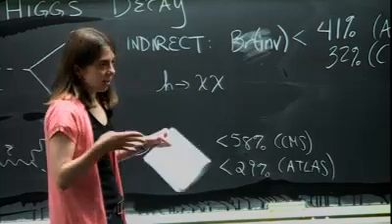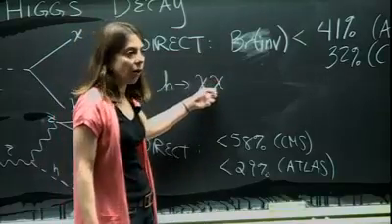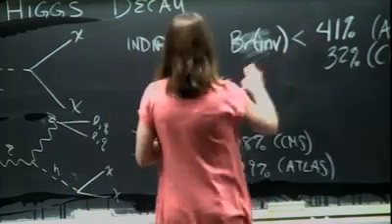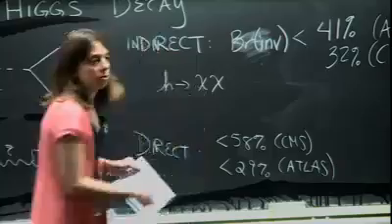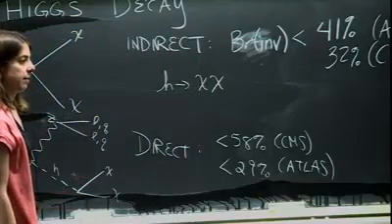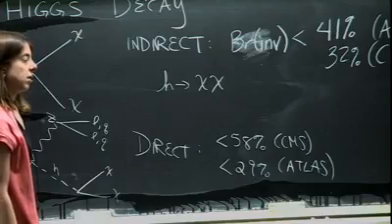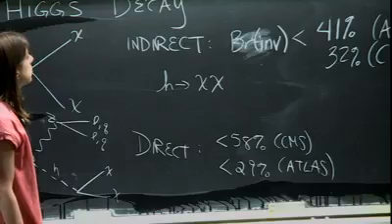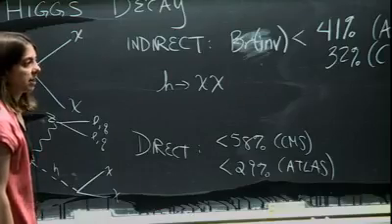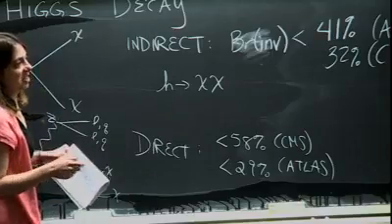Because it's not precision measurements yet, there's still room for us to squeeze in other decay modes. So the percents are just the fraction of all of the total Higgs decays. Well, the width. I mean, kind of both, but mainly the width. But it's not very precise.